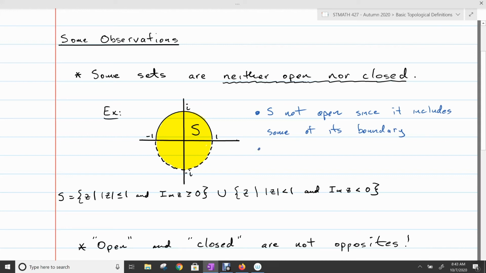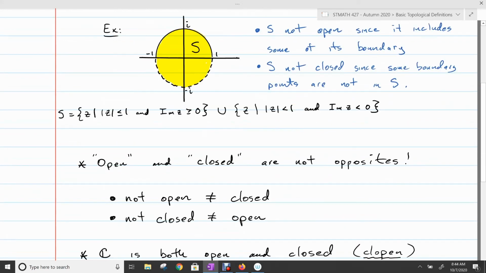And then also, S is not closed since some boundary points are not in S. In particular, those points on the bottom half of that circle are on the boundary, but they're not part of S, because the dashed line there indicates that those points are not inside of S. So this one is not open and it's not closed.